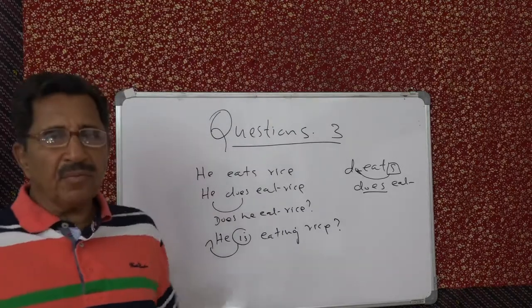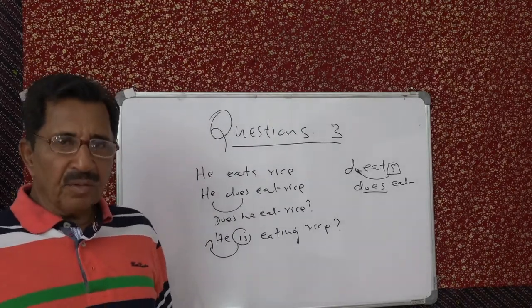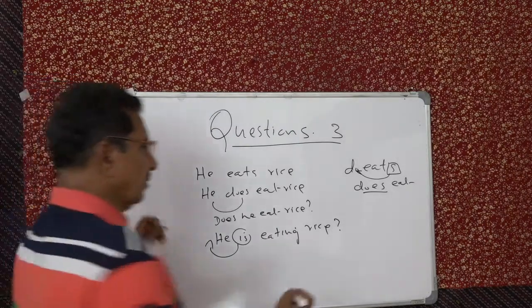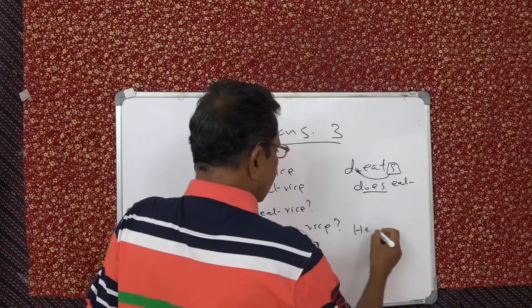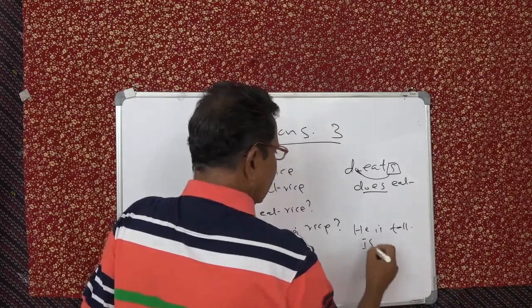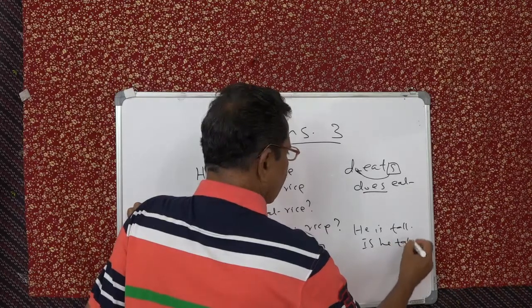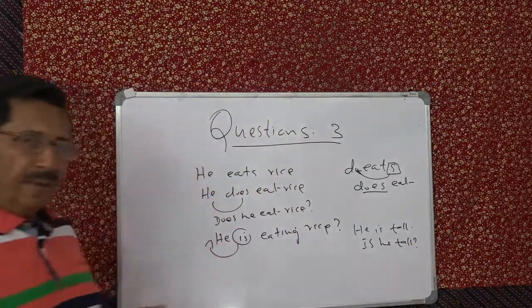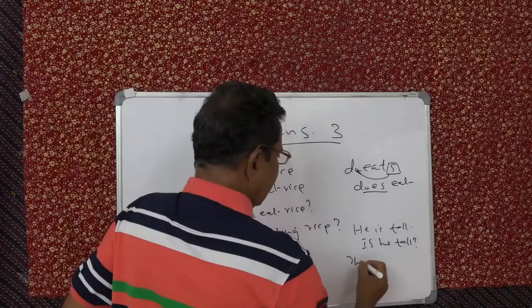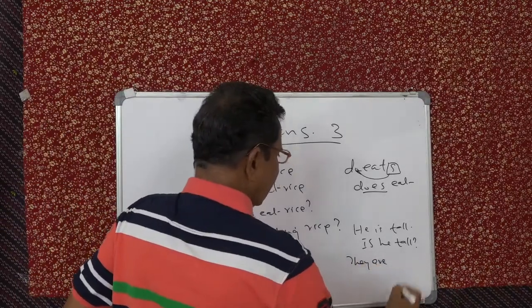Also any form of to be. For example, you can say, he is tall. Is he tall? Question. Any form of to be. See, they are clever.